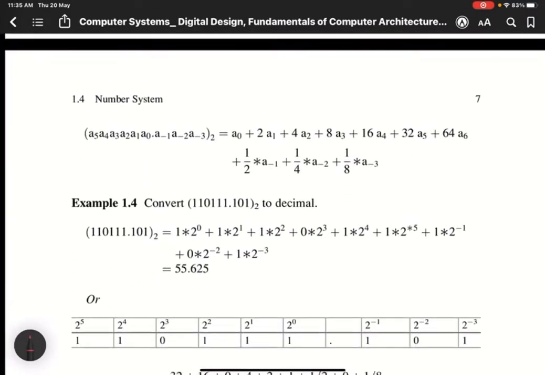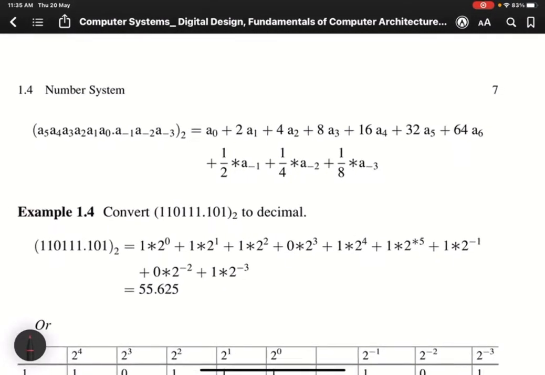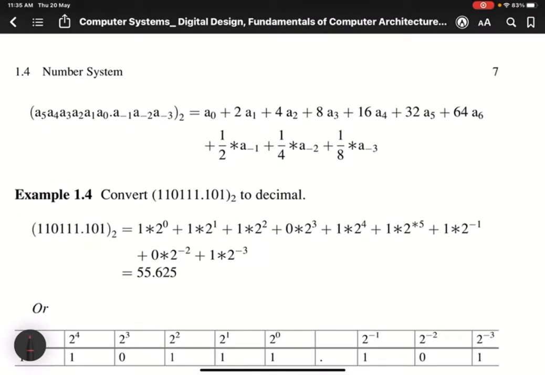So let's move on. Convert this binary to decimal. Okay? So we will line them up and then do the necessary operation, and then it will give us 55.625.